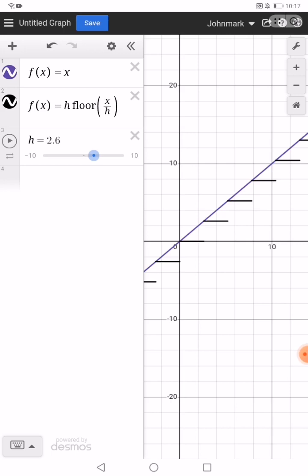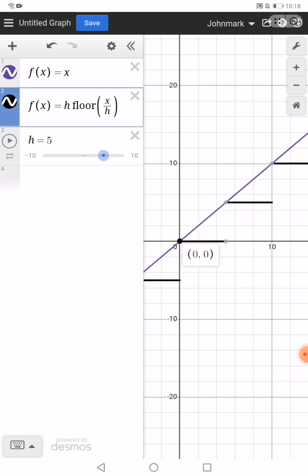Okay, so we started in the first video on how we can make a real number into a regular step function, or staircase function, wherein we have the desired length represented by h. If you have 5 right here, we'll have exactly a constant interval of 5 units on the staircase, as we can see.